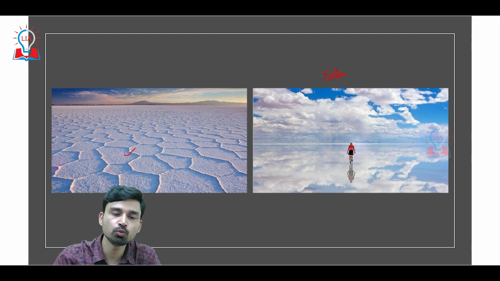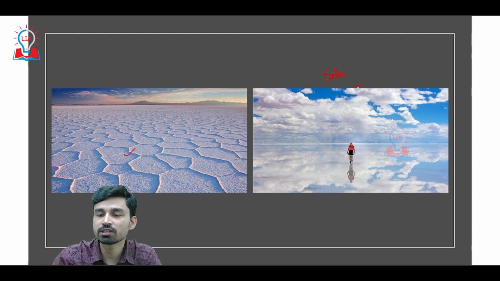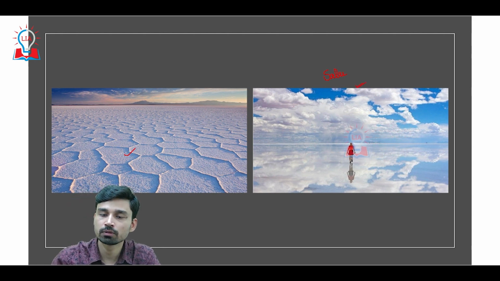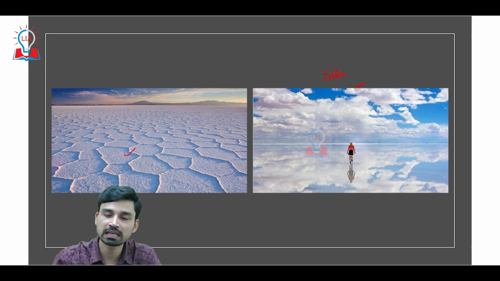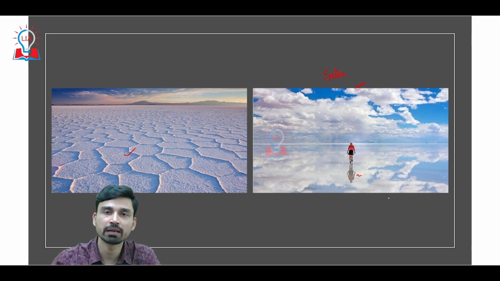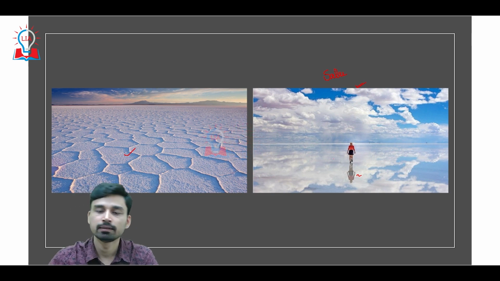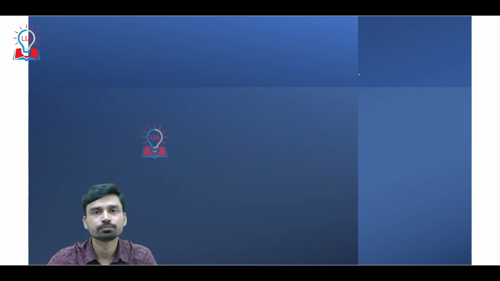Such huge salt flatlands create a very interesting phenomenon: in times of rainfall, when the surface of the salt flatland is covered with water, it acts like a giant mirror, as you can see from this image. Thus it is also nicknamed the world's largest mirror. Salar de Uyuni is situated in the Bolivia region of South America.